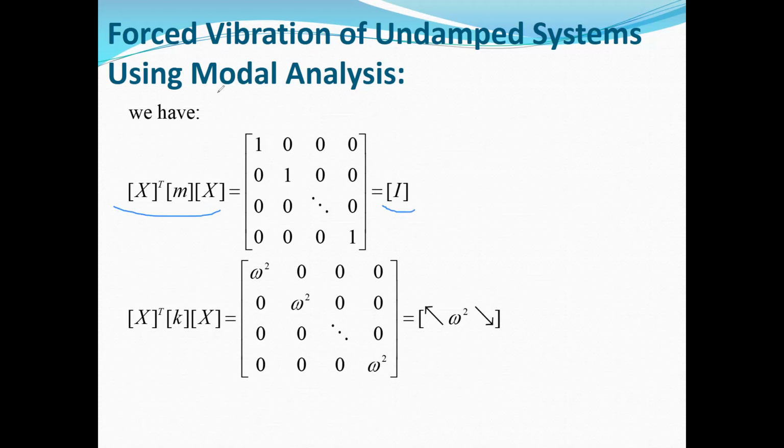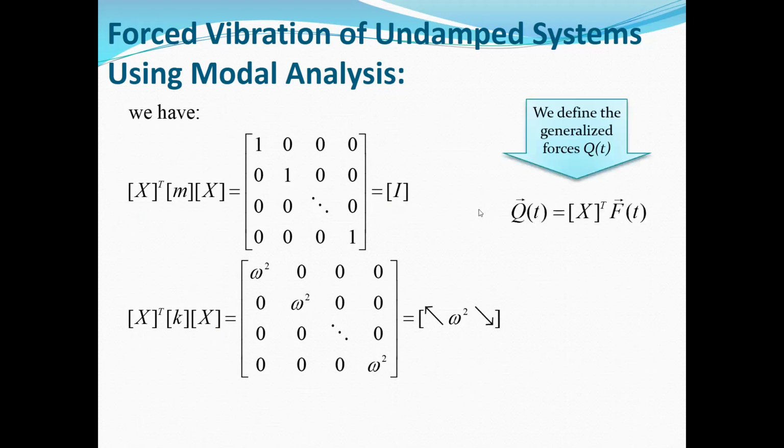In the unit matrix, the diagonal components are 1 and the other components are 0, and X transpose multiplied by K multiplied by X is again a diagonal matrix, but this time the diagonal components are omega squared. So we can form this matrix and simplify.